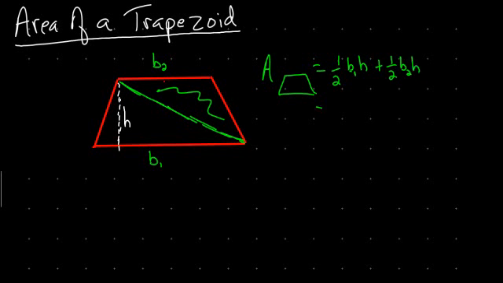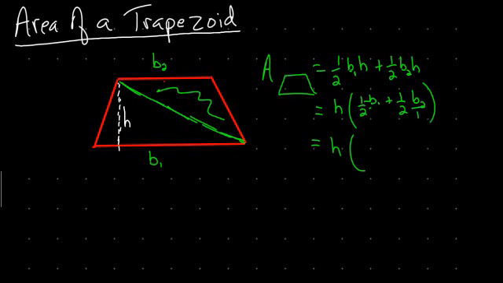And if we use our distributive property and factor out the h, what do we get? h times 1/2 b1 plus 1/2 b2. This equals h times, and when you're multiplying a fraction times a whole number, think of it as b1 over 1, b2 over 1.